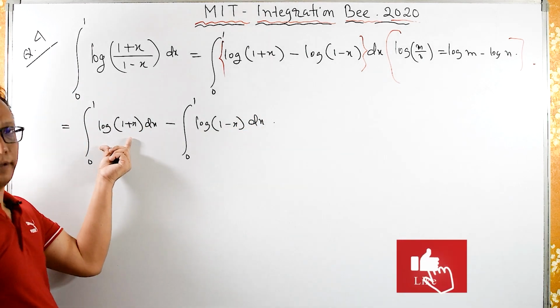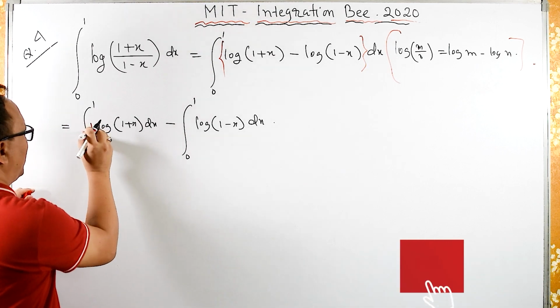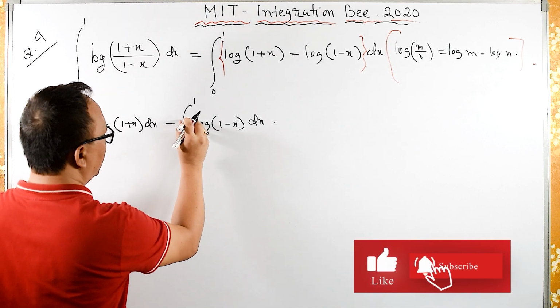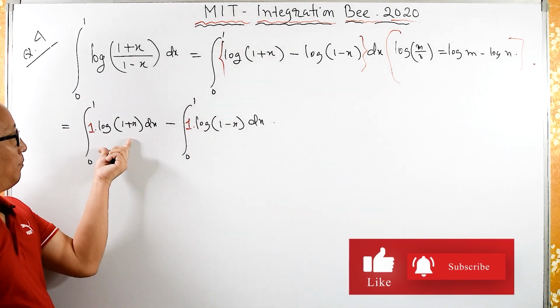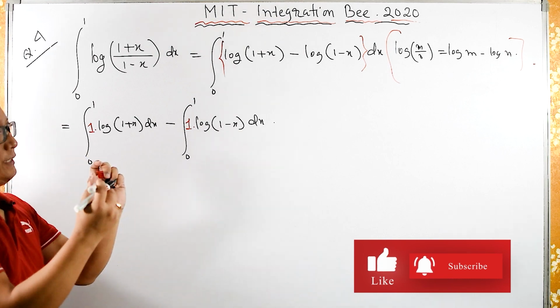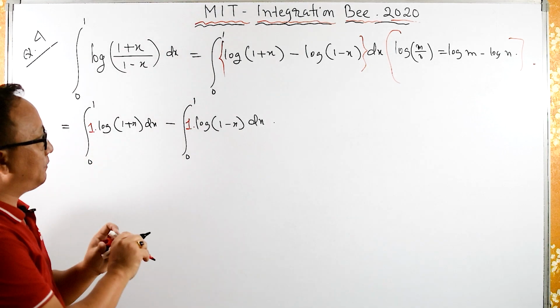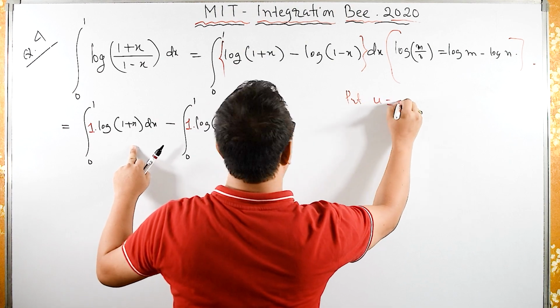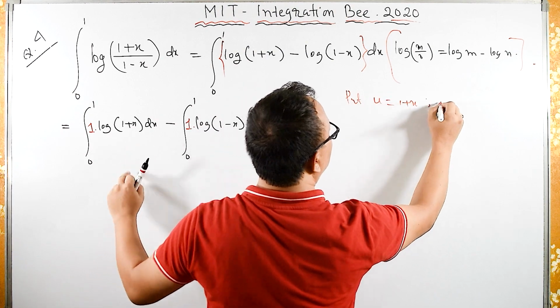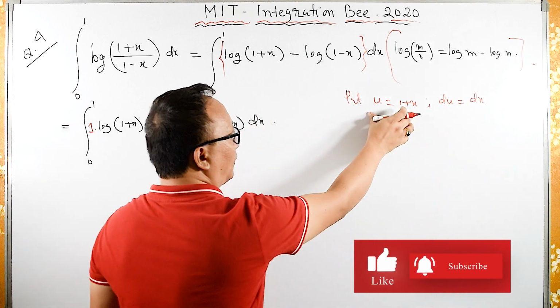Now here you can apply straight integration by parts by considering 1 over here. Similarly also here we can consider 1 over here. But I will make some u and v substitutions so that these terms become smaller. For the first part I will substitute u equals 1 plus x, then du equals dx.